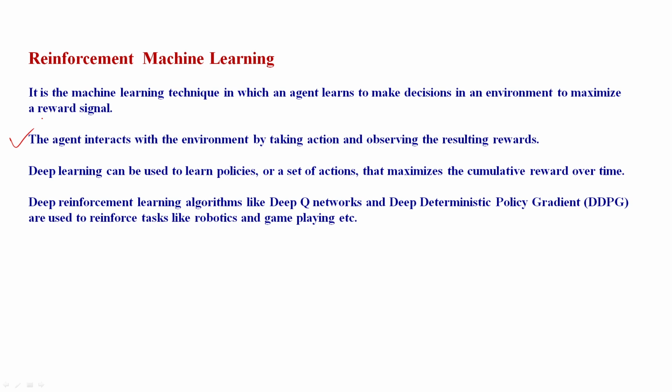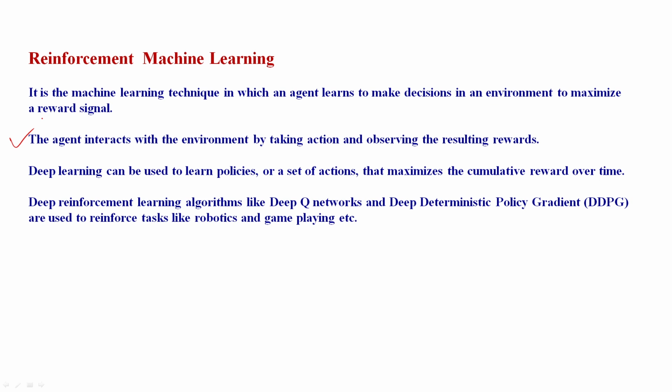Deep learning can be used to learn policies, a set of actions that maximizes the cumulative reward over time. There are many deep learning methods, such as deep Q networks and deep deterministic policy gradient, DDPG, and many others used to do that. So, I hope I am clear, right. Compared to unsupervised learning, this is different; here you are using an agent to do that.